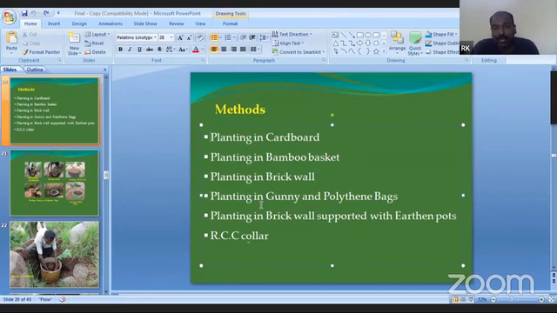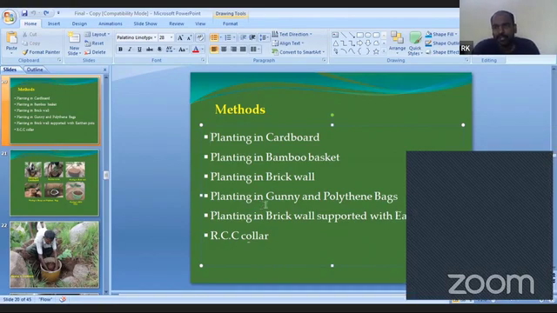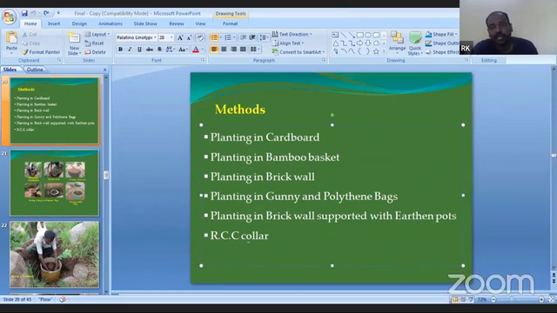I found the results and determined which method is suitable. I gave this for the Tamil Nadu experiment. But in different experimental areas, from state to state, it is different. This is called the climatic factor.